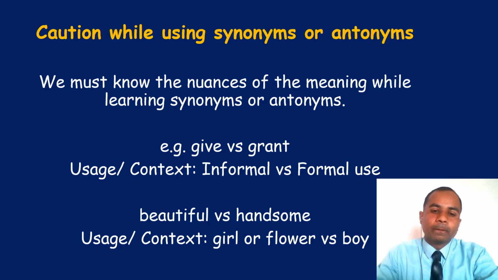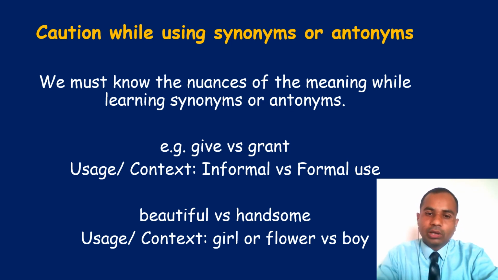These vary according to the context. Give me a pen, please. Would you like to give me a pen, please? And grant. Giving permission versus granting permission: give is used informally, whereas grant is used in formal use.